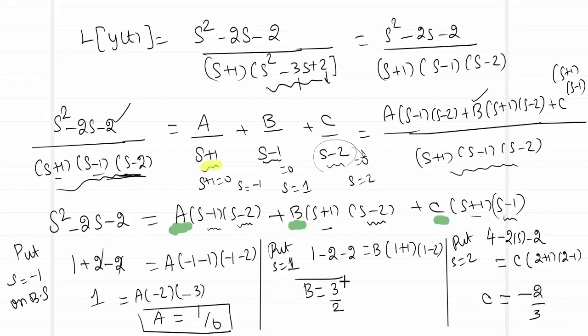Now we are almost done with our values. The next stage will be resubstituting these values back in the partial fraction over here for A, B and C. I know this is nothing but Laplace of y of t.